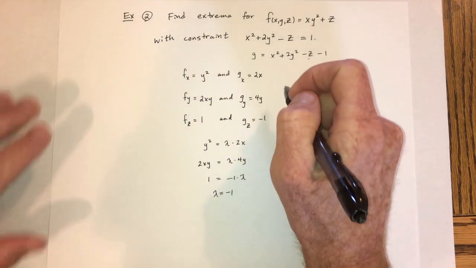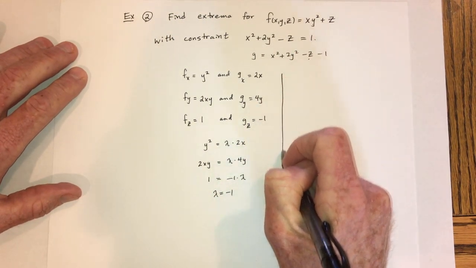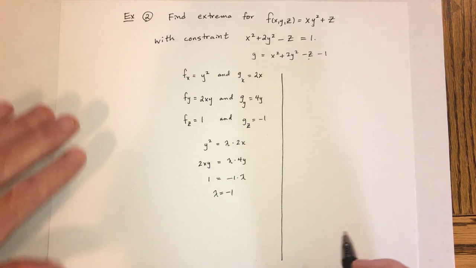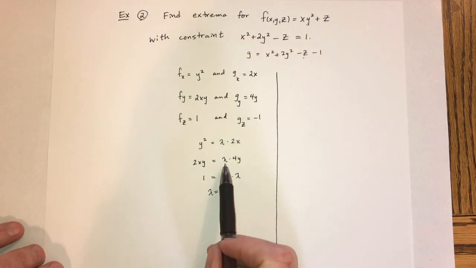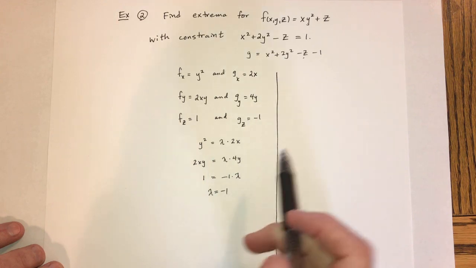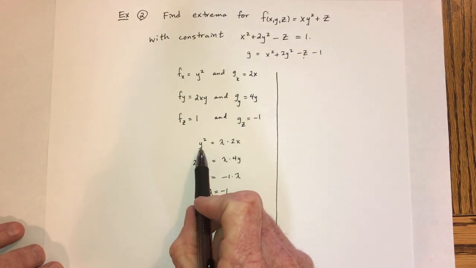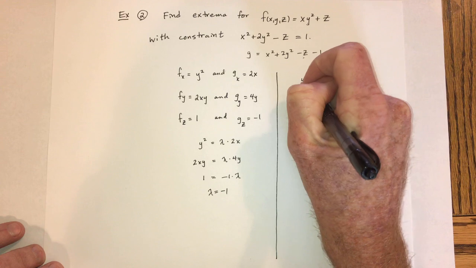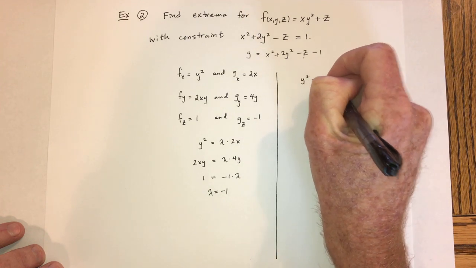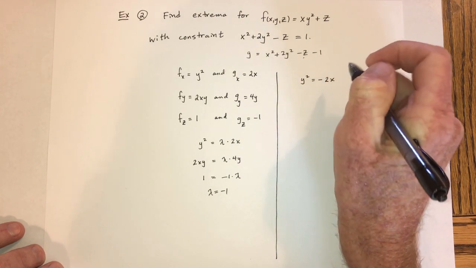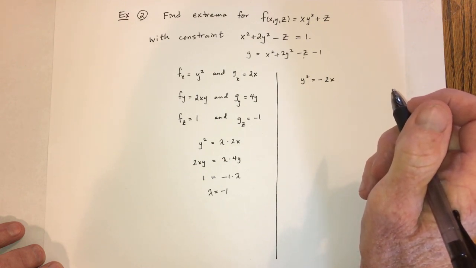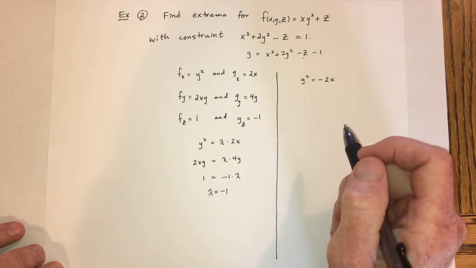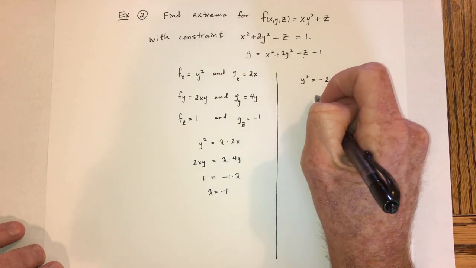And I think I'm going to need some more space over here. So if we substitute the lambdas here, this equation right here is going to say y squared is equal to negative 2x. And then we could solve for x.